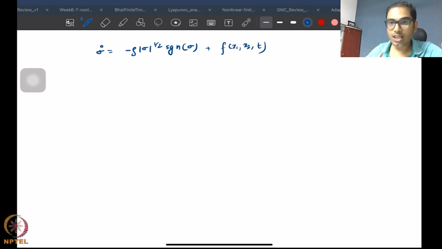So you see the disturbance is not really compensated. In the presence of disturbance, you will not get convergence to the sliding surface.